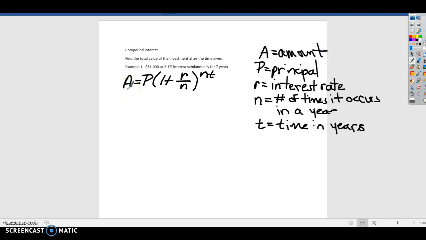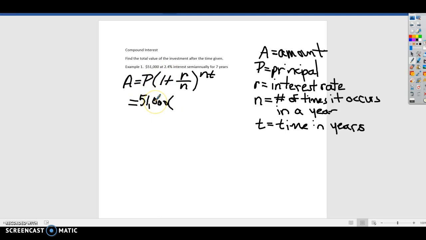So if we have $51,000 at 2.4% interest semi-annually for 7 years. P is our principal, so that's what we start with. What we start with is $51,000, so we're going to plug that into our formula. If we just multiply by the percentage, we only get 2.4% of the 51,000.